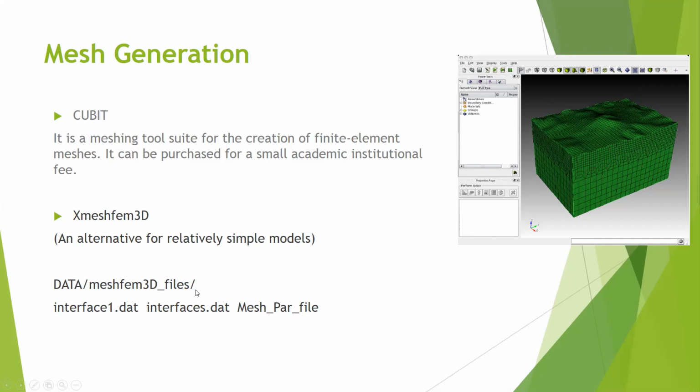In this folder, there are 3 files you need to give to this program. The main parameters will be set in this Mesh_Par_file, and there are some other files, 2 or more files, which describe the shapes of the interfaces. If you have one interface, you need interface1.dat. If you have more interfaces, you maybe need more files like interface2, interface3 data files.